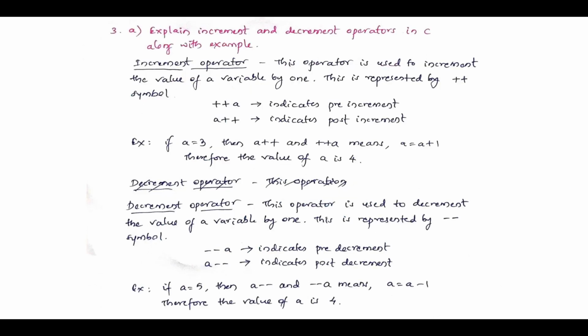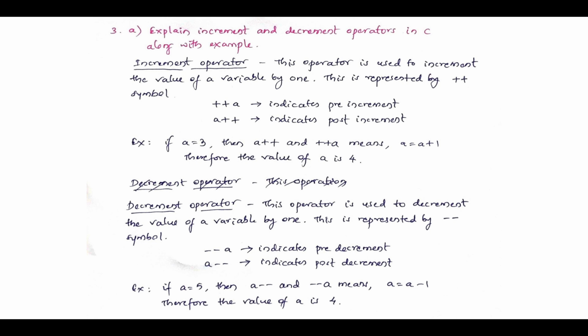Now the next section of 4-mark questions is where we have some of the questions related to the next unit. Explain increment and decrement operators in C along with example. Increment operator means you are going to increment the value of the variable by 1, and it is indicated by the double plus symbol.